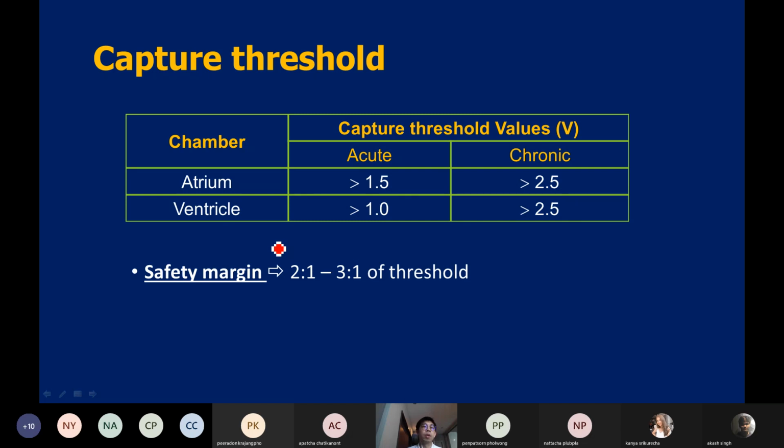But we don't usually program the same level as the capture threshold, because if the threshold gets higher, there must be some problem with the pacemaker and it could not pace.